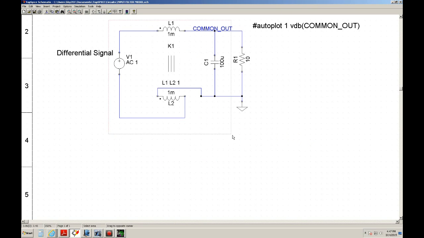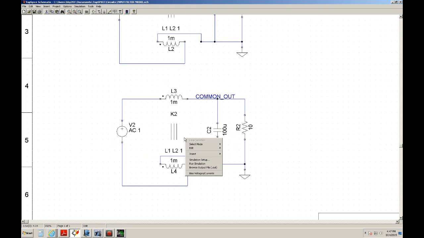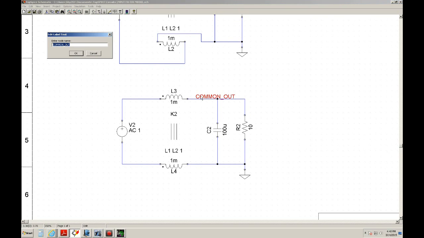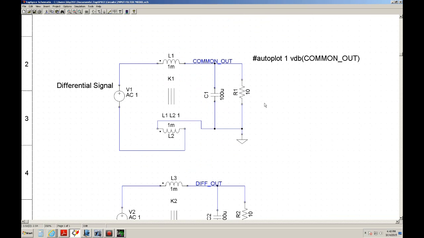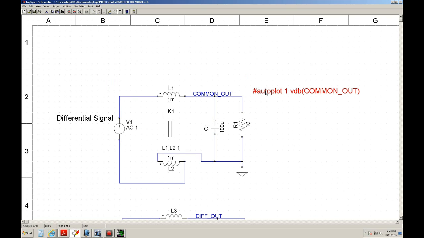I will copy that. I will put this back to the original connection, and I will rewrite this, say that it's diff. Diff out.